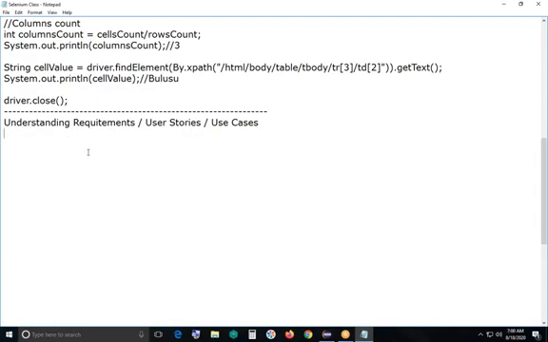Delivery is fast, sir? Not delivery fast. In every iteration, there is a better product and customer interaction. Suppose 1,000 requirements are there.